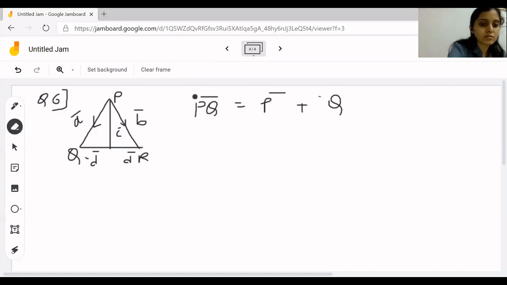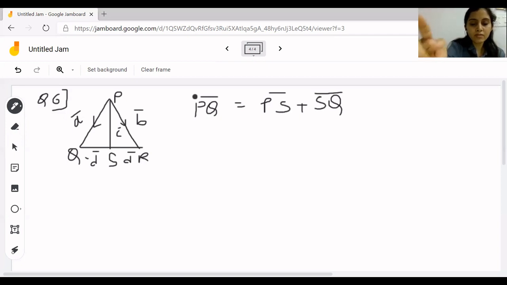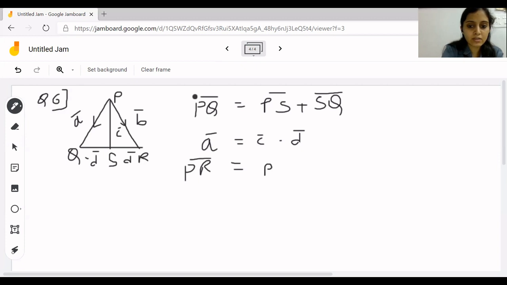So in the smaller triangle, we can write PQ as PS plus SQ also, which is C bar minus D bar. Then PR bar, again from the small triangle, is equal to PS plus SR, which is C bar plus D bar.